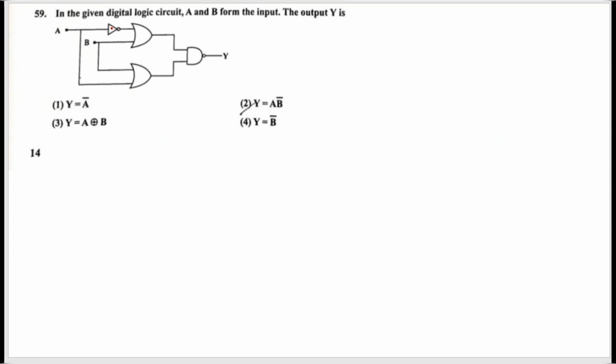Now this side it will be A bar, or you can call it A dash also.